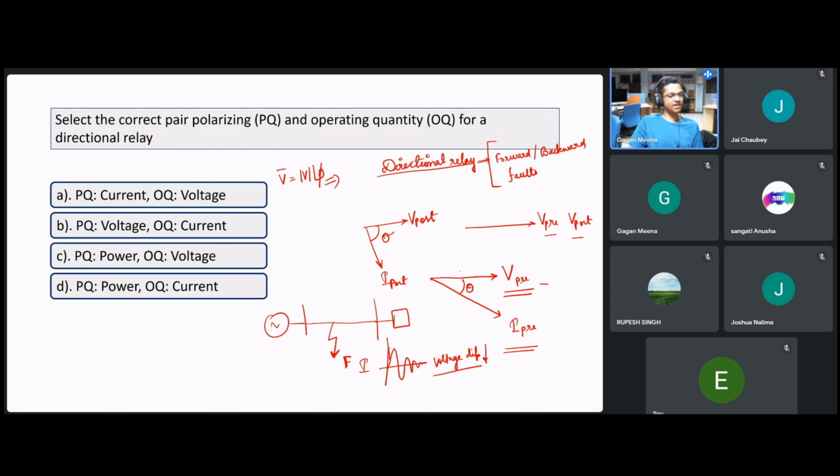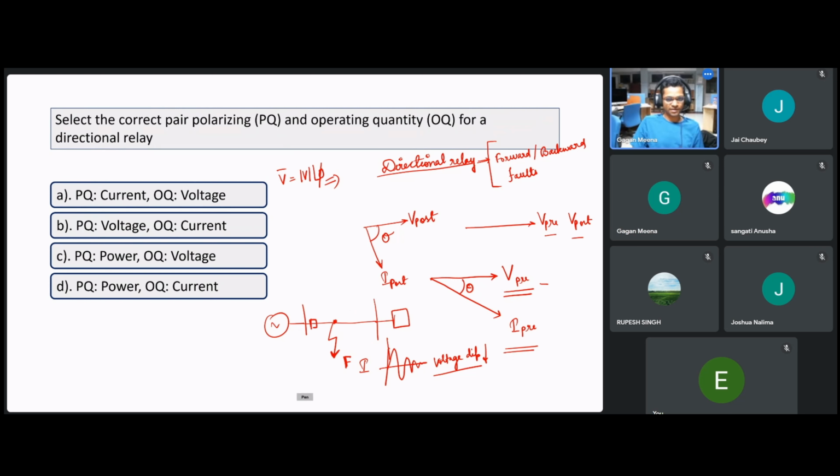So we take voltage as the polarizing quantity, but the phase angle of current will change because now the impedance path has changed. So the impedance seen at this point will change. Impedance of this is different, this is different. And that will determine the phase of current.